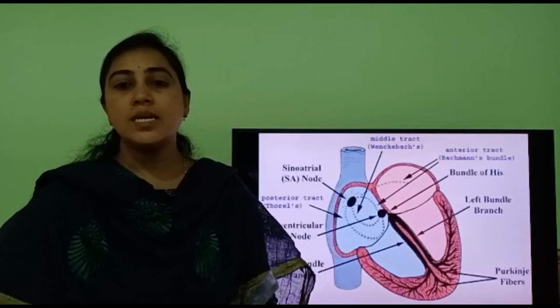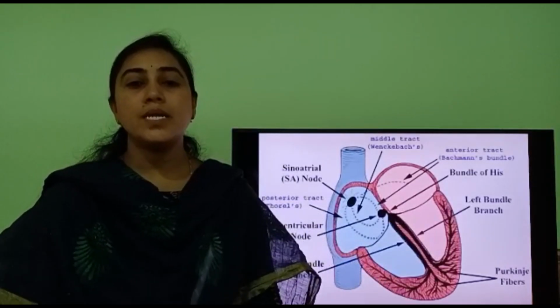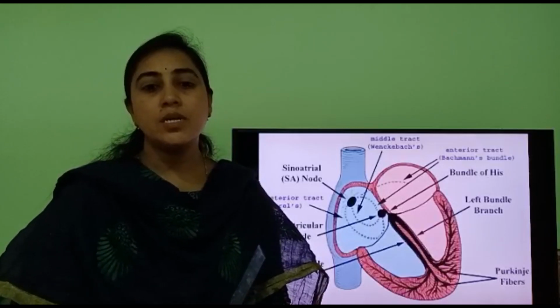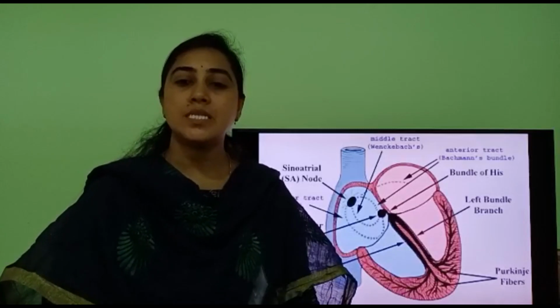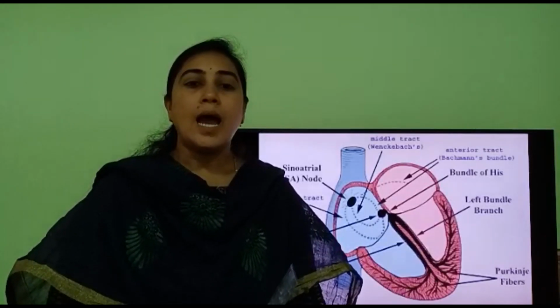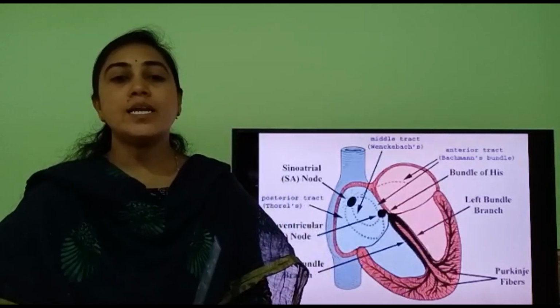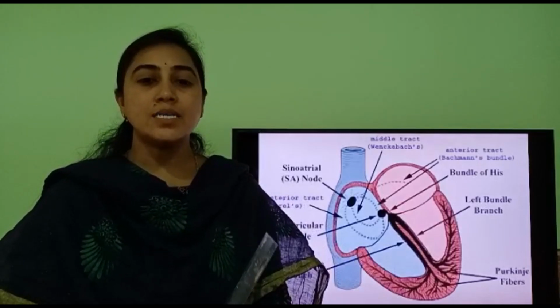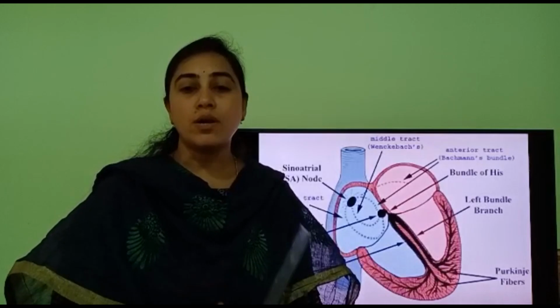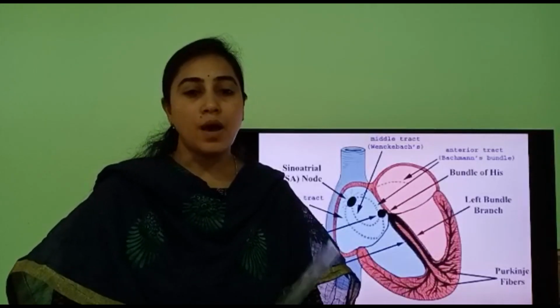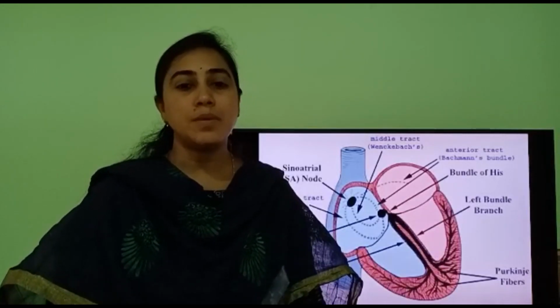Hence it itself participates in muscular contraction, and this kind of heart is called a myogenic heart, which we can see in humans. The sinoatrial node initiates the action potential for contraction of the heart muscle, hence it is called the pacemaker.